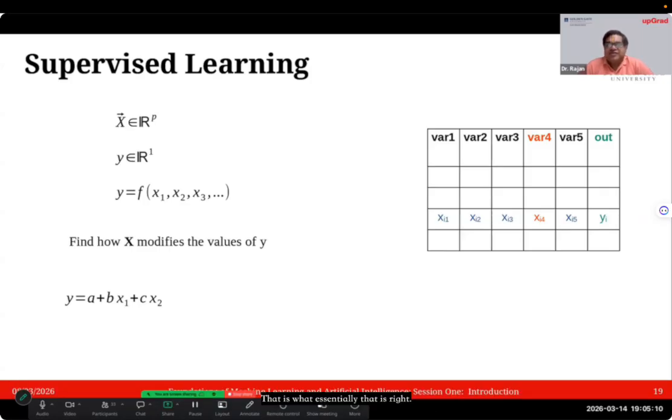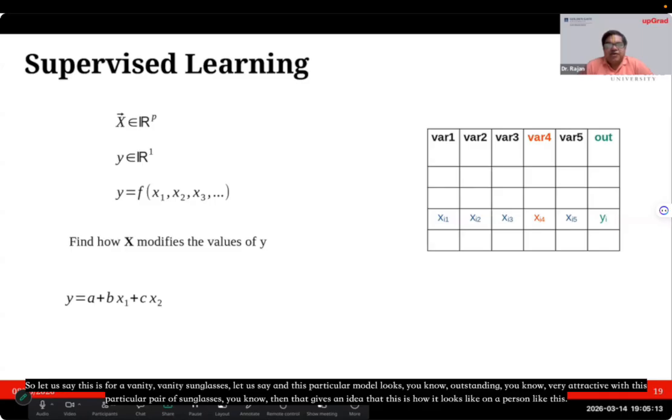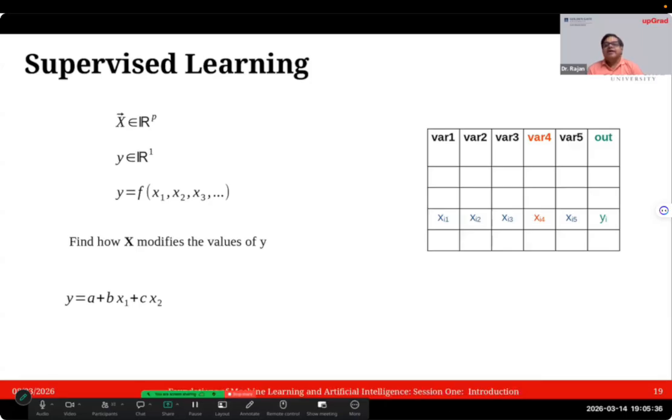Let us say this is for vanity sunglasses, and this particular model looks outstanding, very attractive with this pair of sunglasses. That gives an idea of how it looks on a person like this.